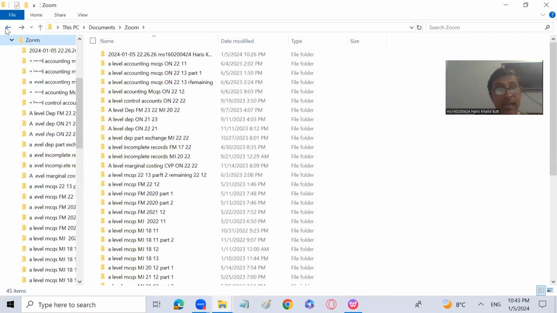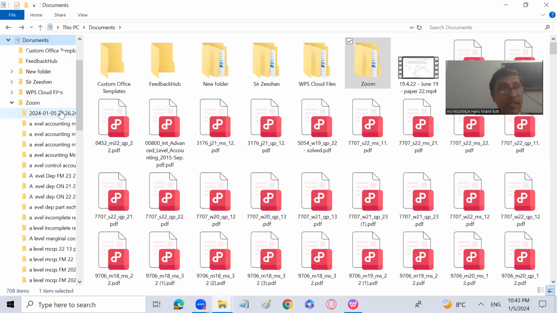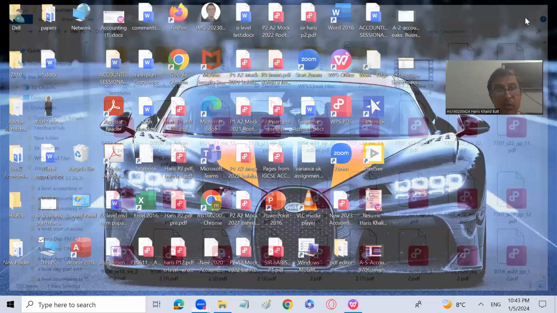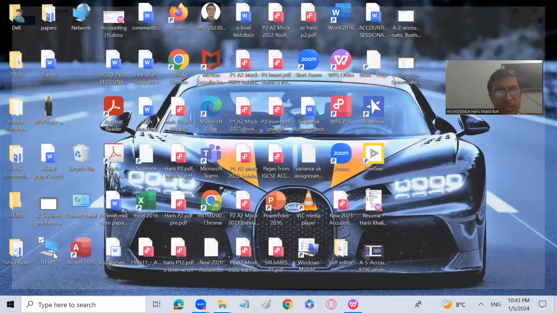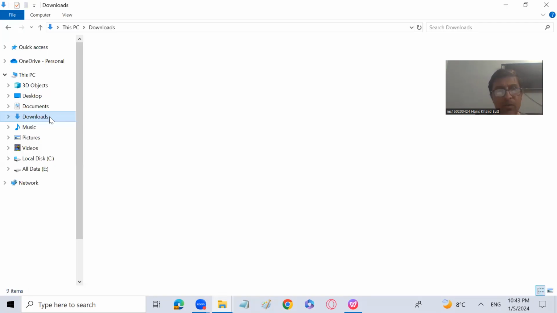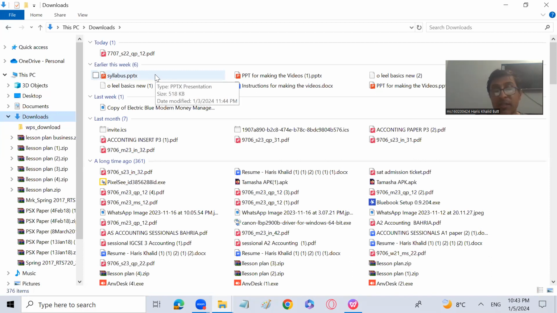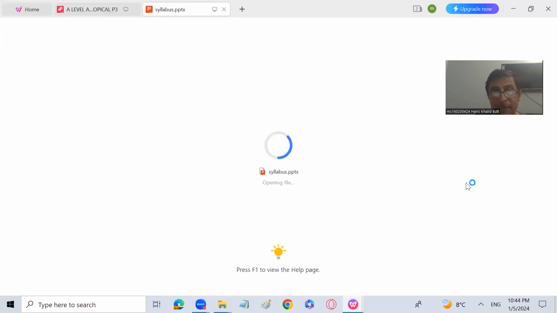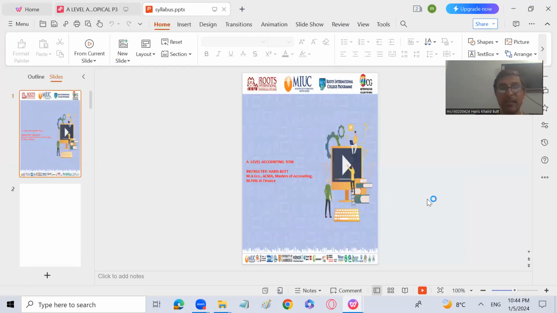If we talk about it, we have basically 4 topics in cost and management accounting to be covered. Those are ABC costing, marginal costing, standard costing, budgeting, and investment appraisal. So this is how the syllabus has been merged.